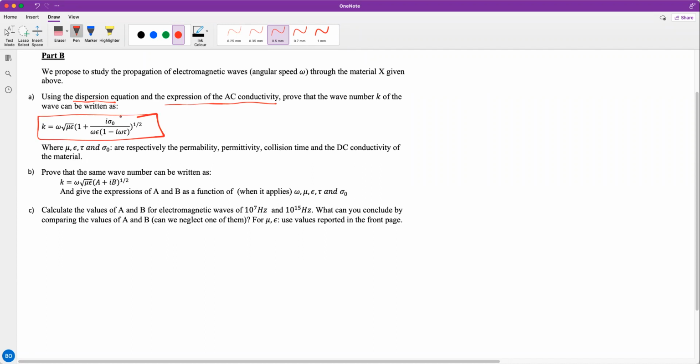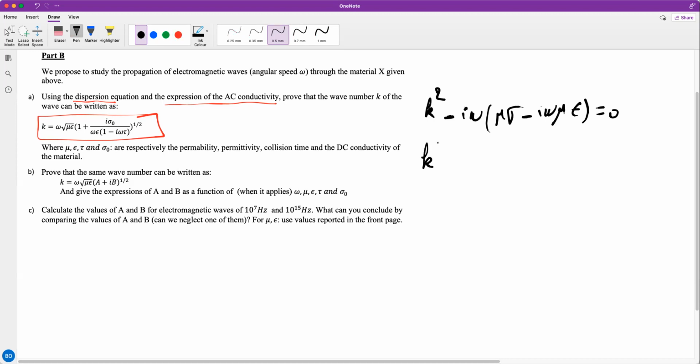These kind of questions, prove, and I'm already giving you the solution. I think it's very easy. So the first thing is the dispersion equation. The dispersion equation is minus omega mu sigma minus I omega mu epsilon is equal to 0.